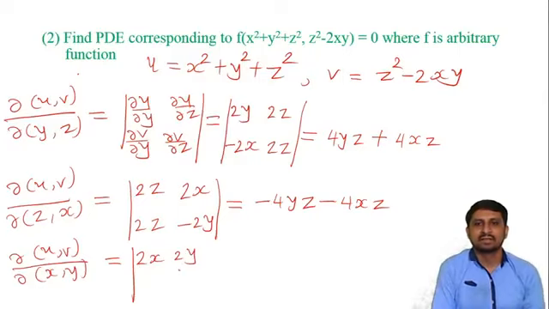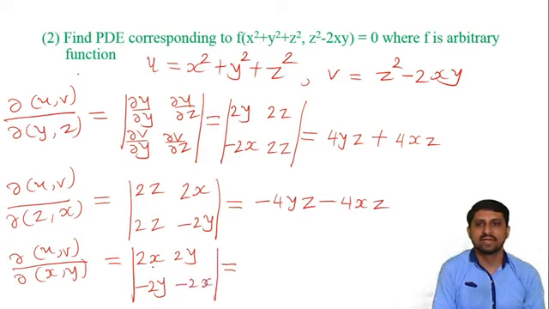Then del v by del x. What is del v by del x? That is minus 2y. And del v by del y, what is that? That is minus 2x, right?